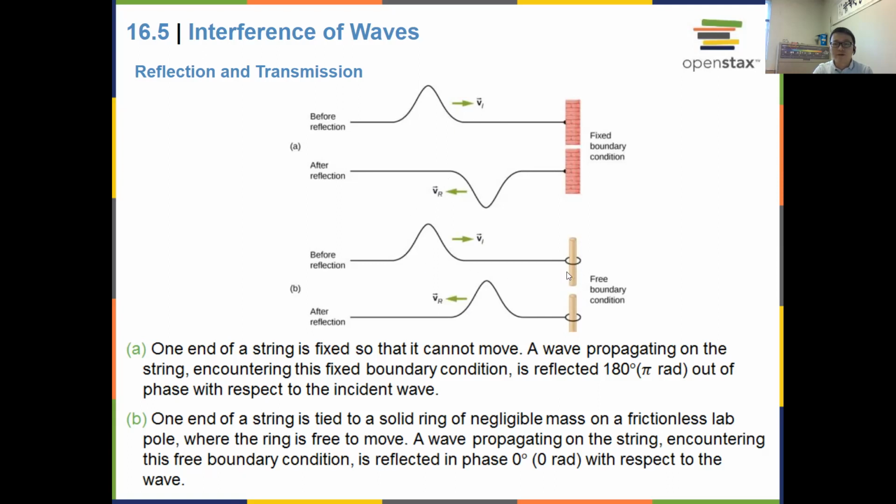Now, if you have a free boundary, meaning this end is free to move, the wave comes in and reflects back like this, without a flip of the wave, or what is called the phase. If you flip, then there's a phase change of 180 degrees or pi. If this end is free to move, then there's no phase change.